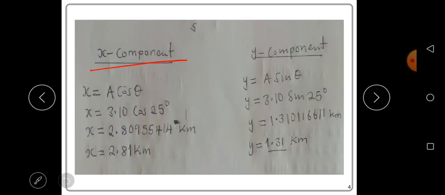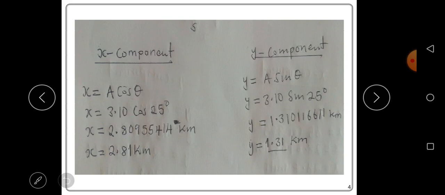To find the x component, we use the equation x is equal to a cos theta. A is the magnitude of the vector, which is 3.10. Theta is 25, as contained in the question.